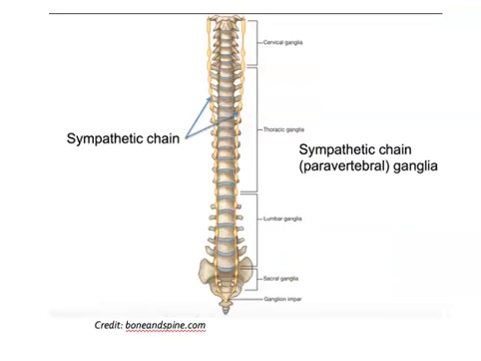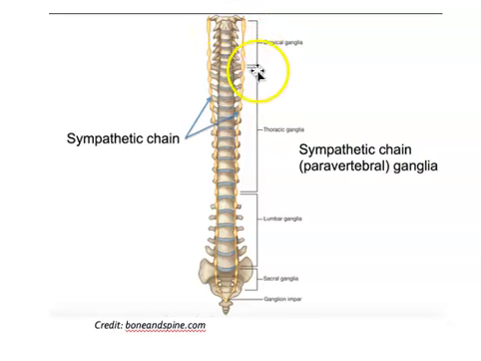And on this slide, we're looking at this sympathetic chain of ganglia that's located just outside of the vertebral column itself. So you can see that we've got the bony vertebral column here. You can see the intervertebral discs. So the spinal cord is inside this structure.